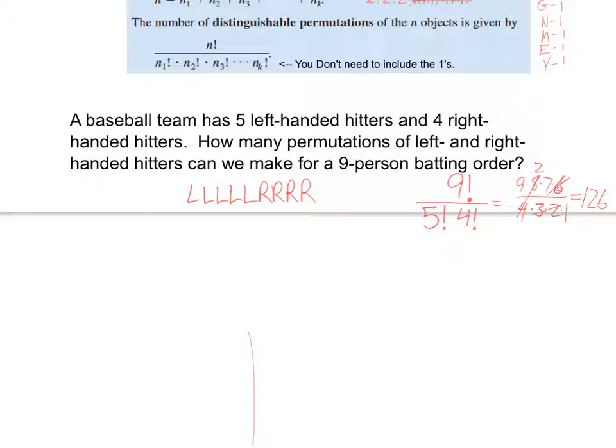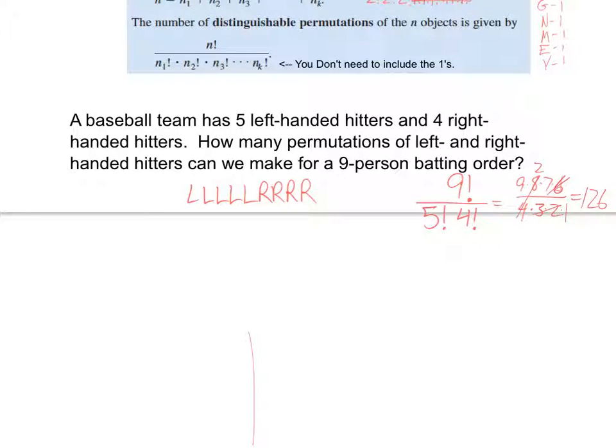But regardless of the situation, we have some identical items, so you have to eliminate those to see how many distinguishable permutations you have.